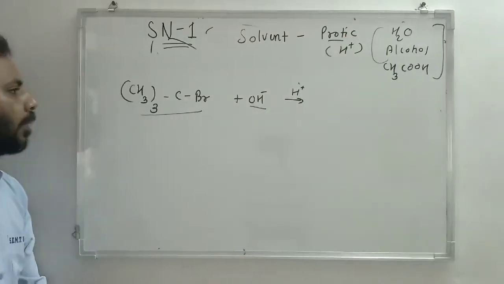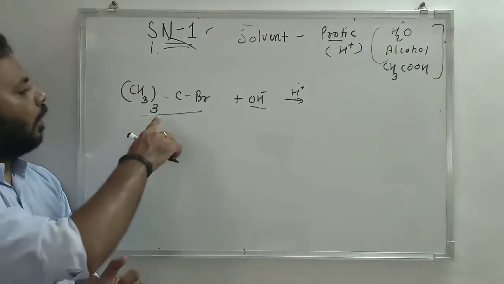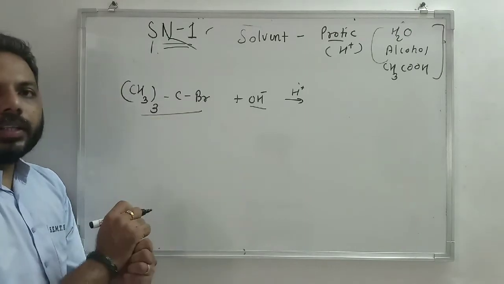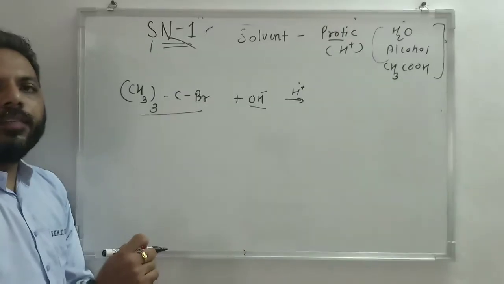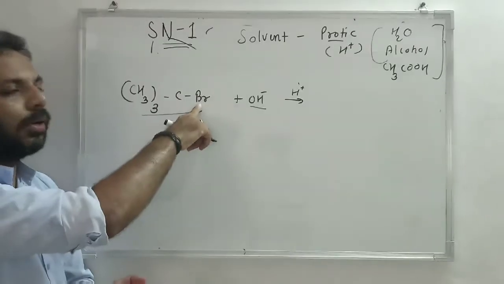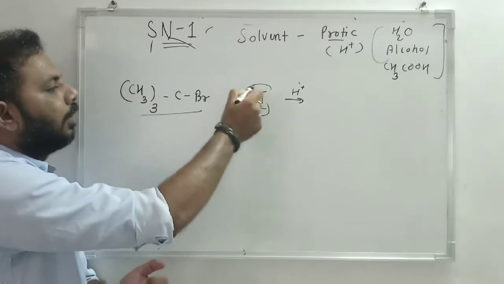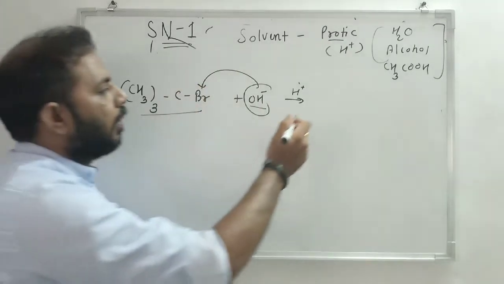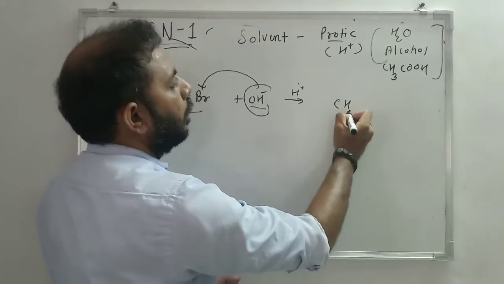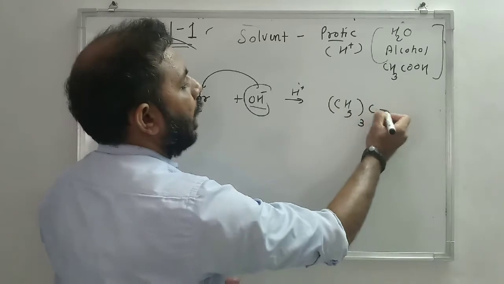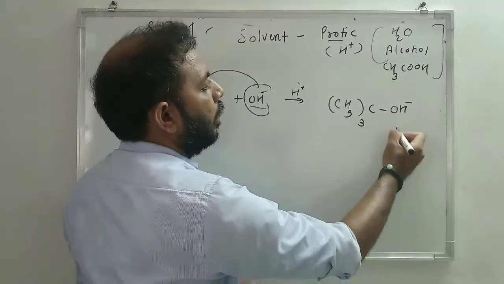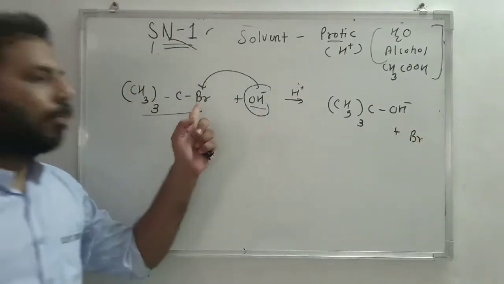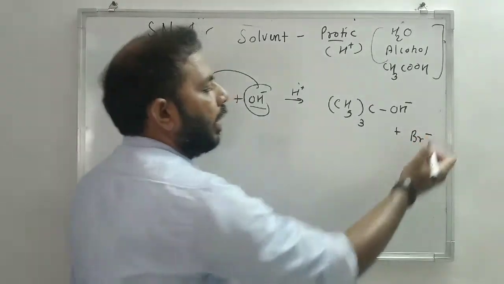Okay, now here tertiary haloalkane is there, here nucleophile is there. Now as we know, there will be substitution of halogen by nucleophile. So halogen will be removed, and instead of halogen there will be nucleophile, and halogen bromine will be removed as bromide ion.